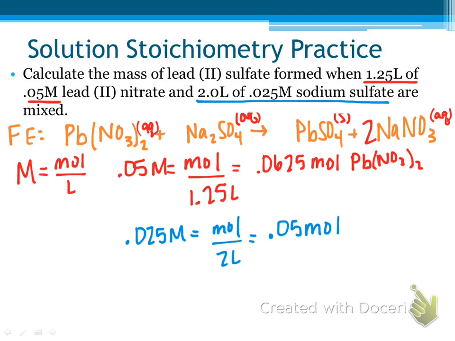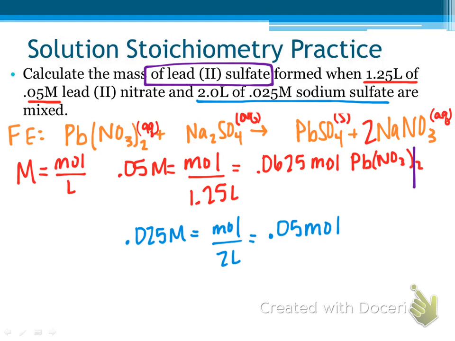That's what your limiting reactant is. I'm going to take my starting amounts of moles of each and convert to moles of my product to see which is my limiting reactant, right?